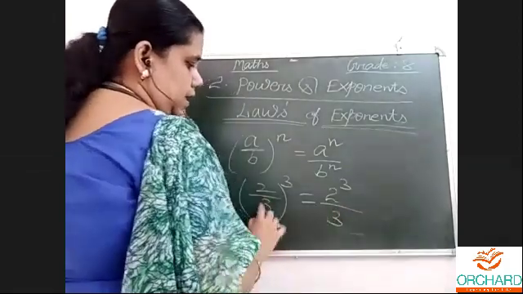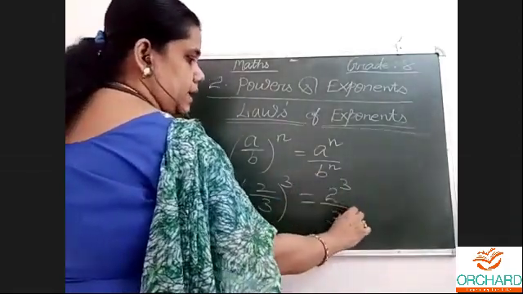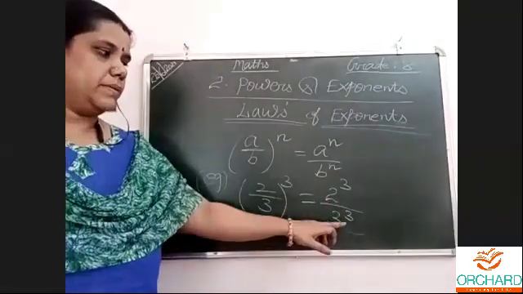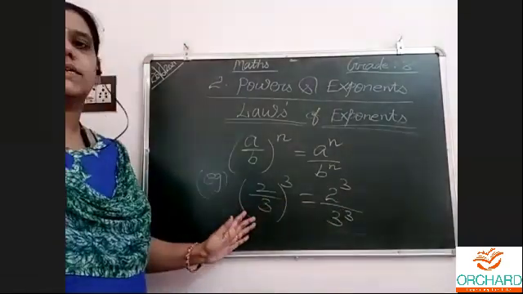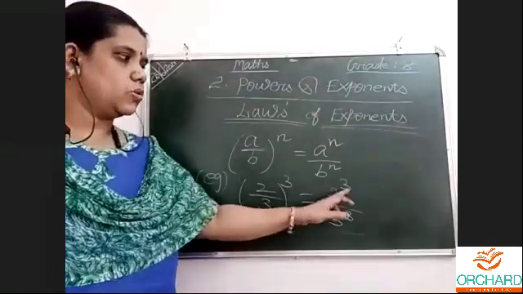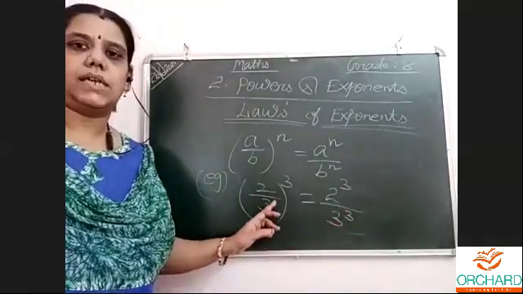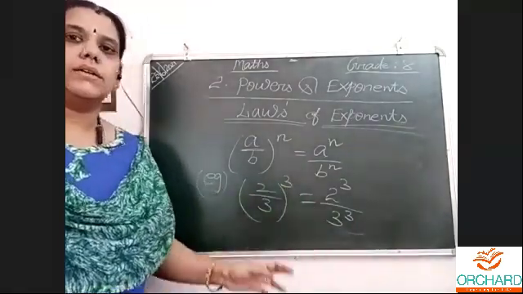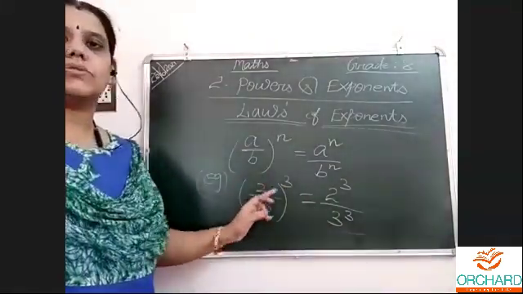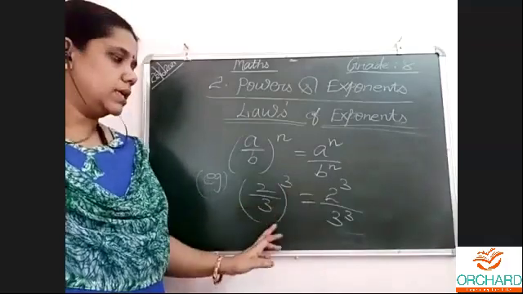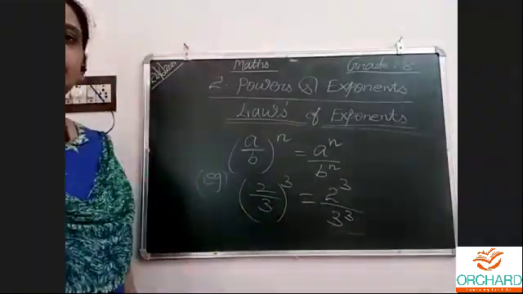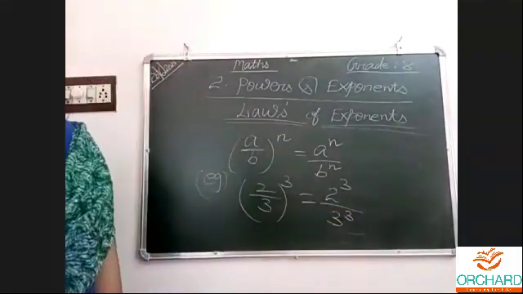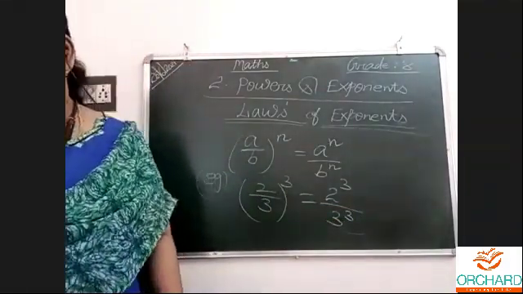The base is 3, power is again 3. This can be written as 2 power 3 by 3 power 3. The power belongs to both the numbers, 2 power 3, 3 power 3. Finding the value means 2 into 2 into 2, 3 into 3 into 3. So like that it is.